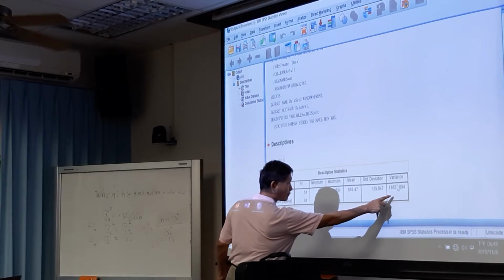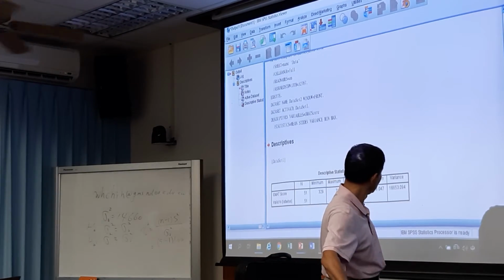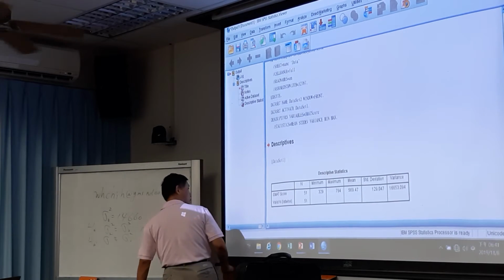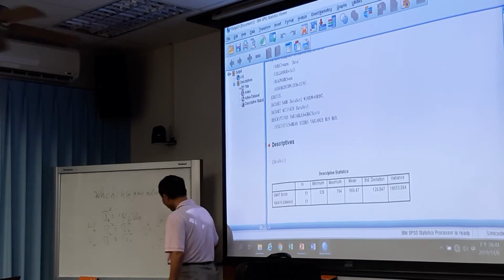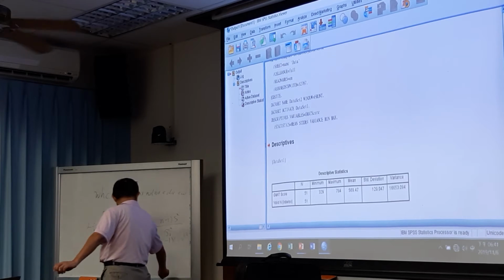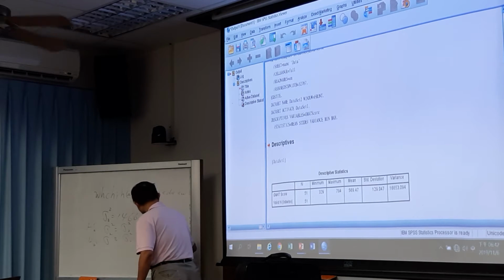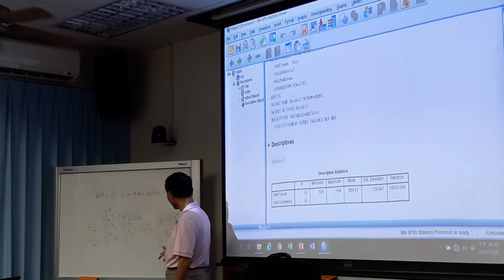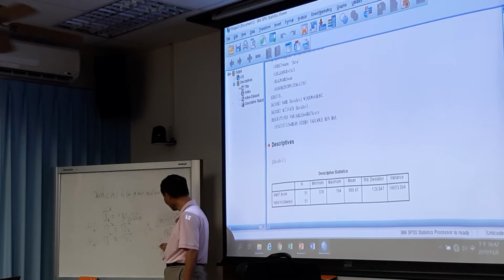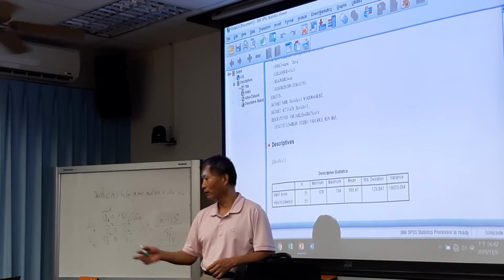The sample variance is here, point 94, divided by... let's see. This is huge because this is larger than 1 and this is 50. It's big. And the degree of freedom is 50, so check the table.